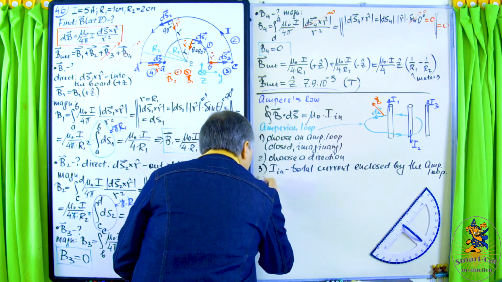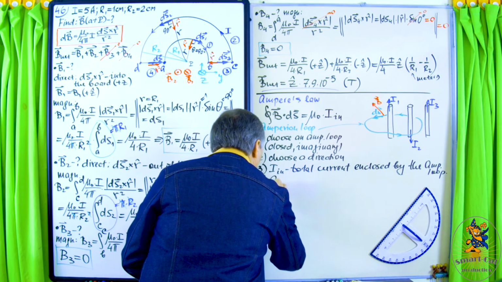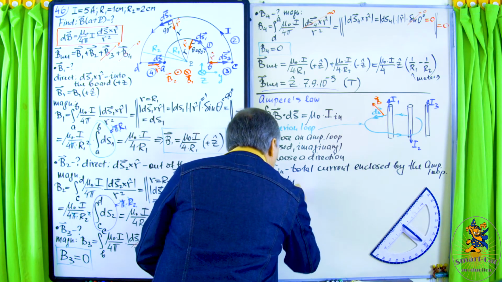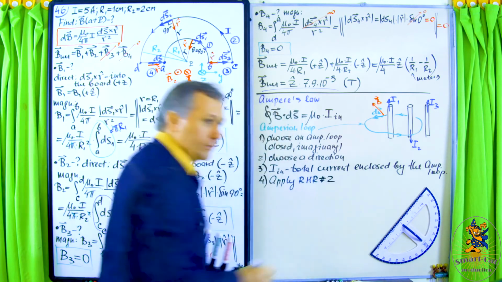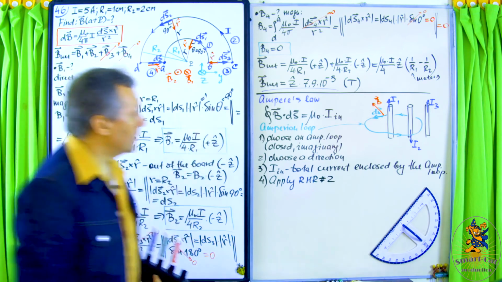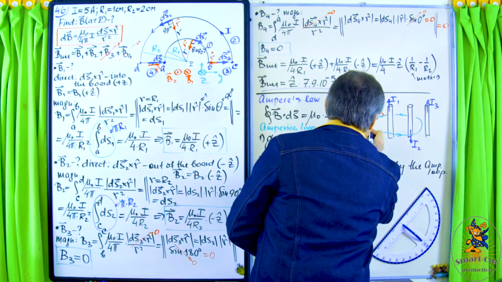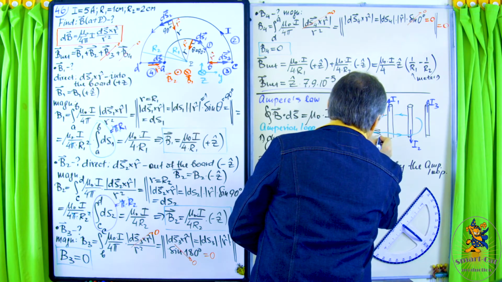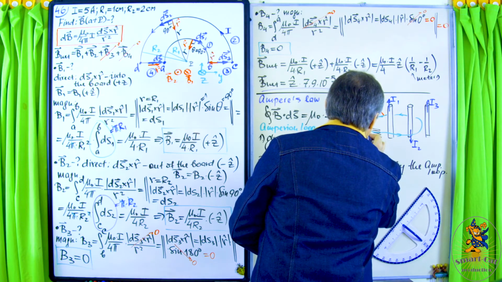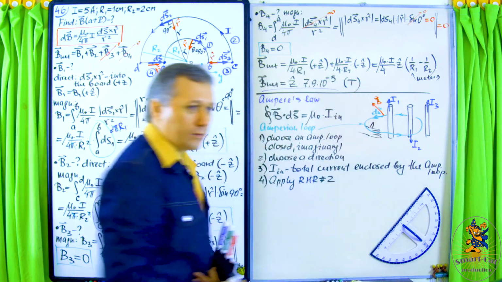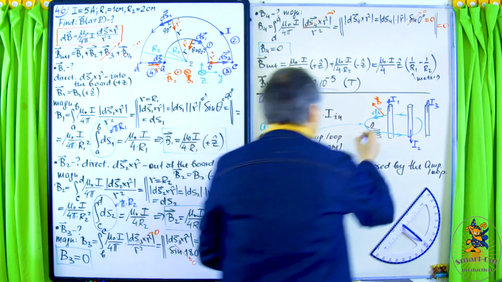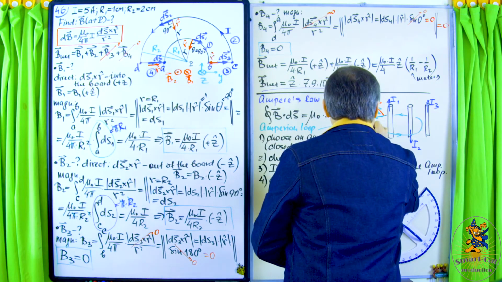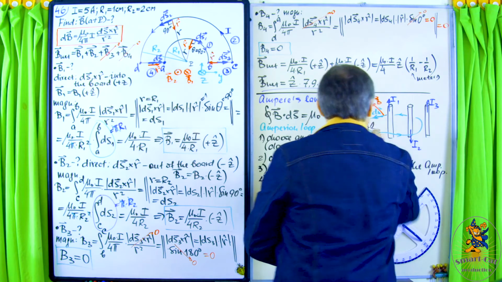So then after this, number 4, we need to apply right-hand rule number 2. I can try to draw, but usually it looks ugly. 1, 2, 3, 4. Okay, curl fingers. So that's the positive direction, plus I direction.